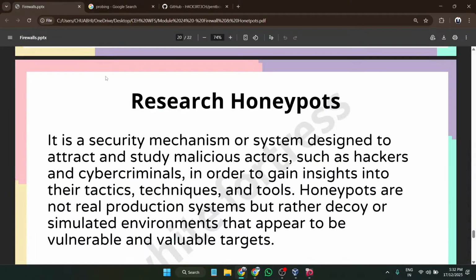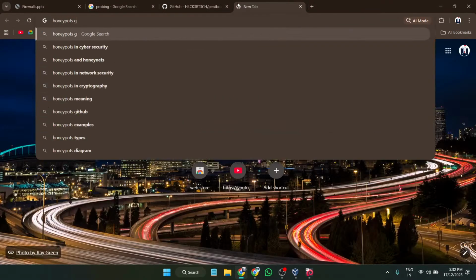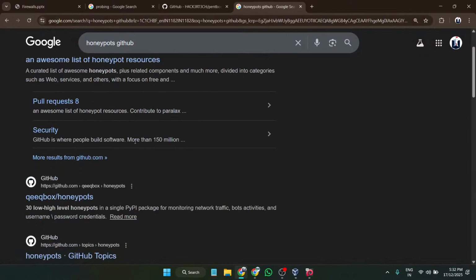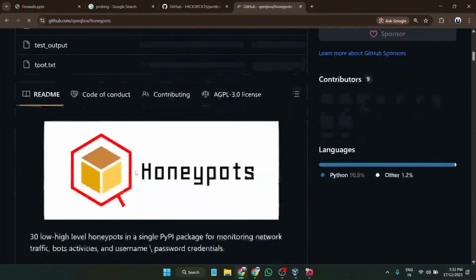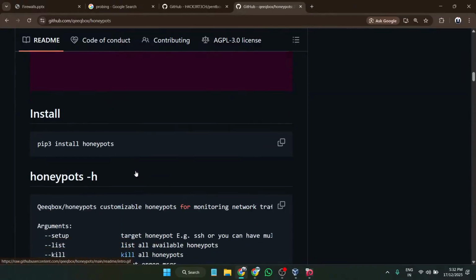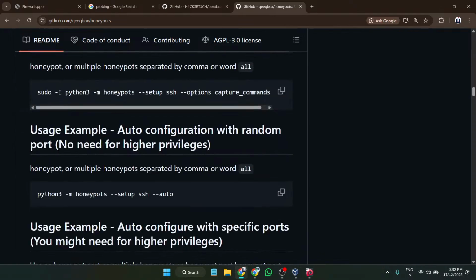You must try some more honeypots. On GitHub, we can also try them right now. There is one more. Let's try this one. Okay, it's telling us to install it differently. And here you can see you can set up using SSH as well.